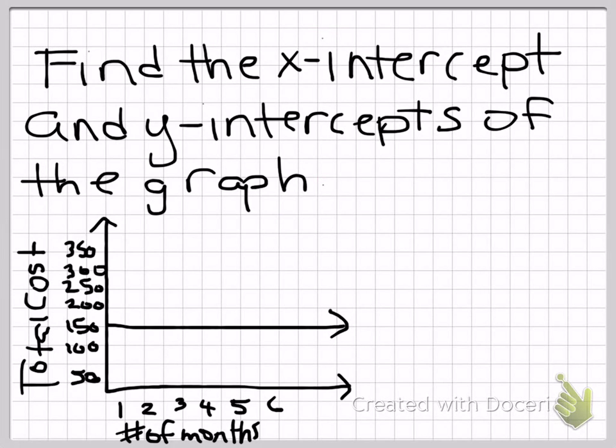Here we're asked to find the x-intercept and the y-intercept, and we've talked about this in the past, but the intercepts are where the line that you graph crosses either the x-axis for the x-intercept, which would be here, or the y-axis for the y-intercept.